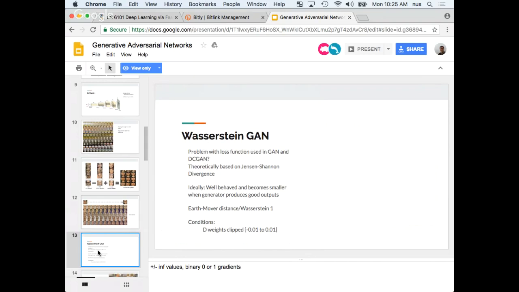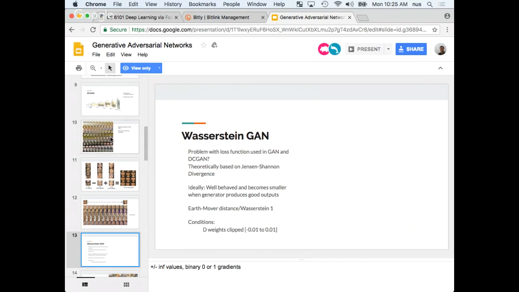So what the authors of this paper did was they looked at trying to identify a different type of loss function that they could use to train their GANs.